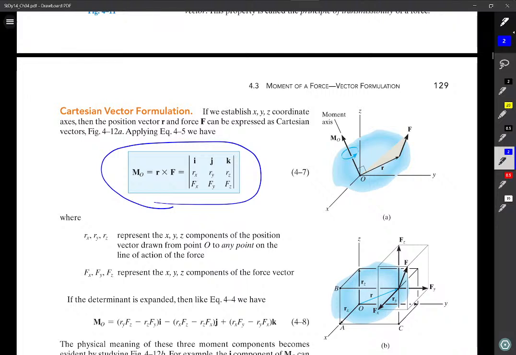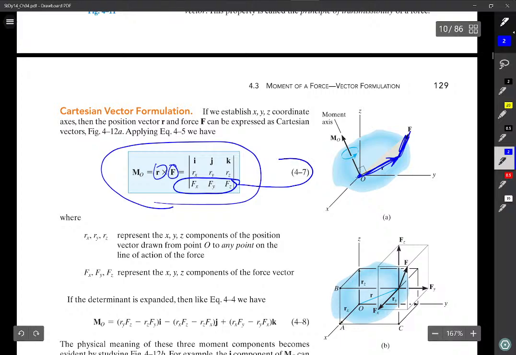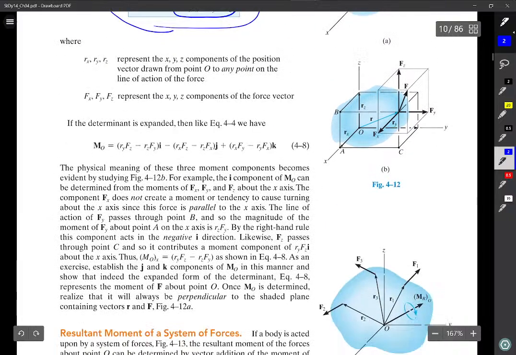If someone wants to know the moment about some point O, all you really have to do is draw a vector from O to the point of the application of the load and cross that with the force that's being applied somewhere. So this force is being applied at the end of this vector. That's all there is to it.